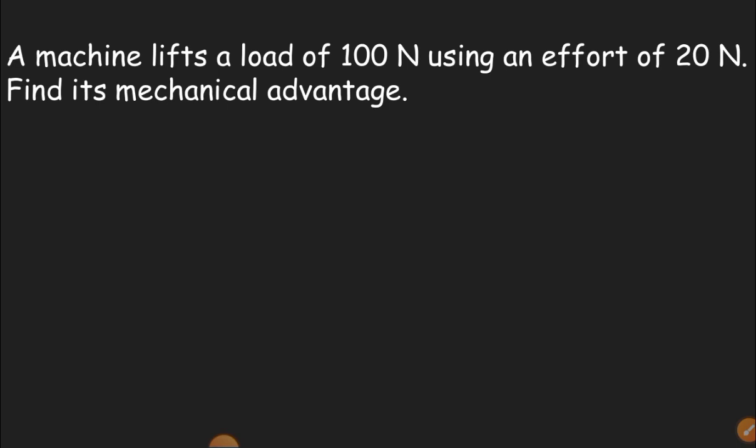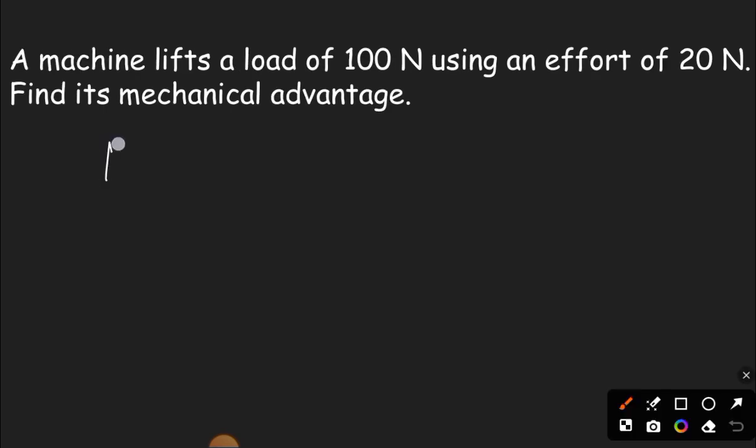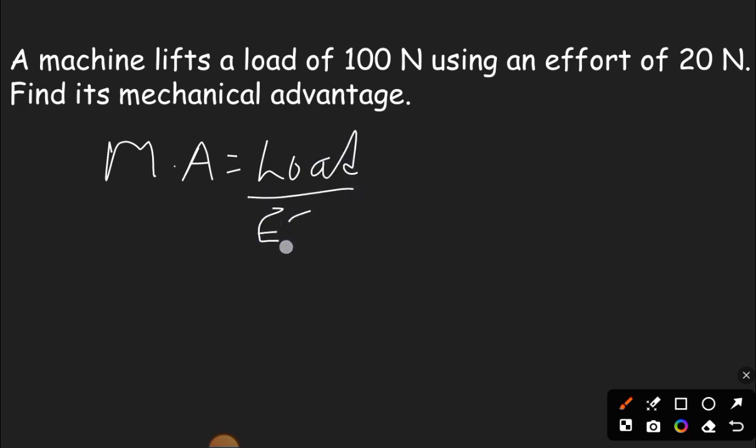Now in the second part of this series, we are looking at mechanical advantage. Mechanical advantage is the ratio of load to effort. So in the question we have, a machine lifts a load of 100 Newton using an effort of 20 Newton.